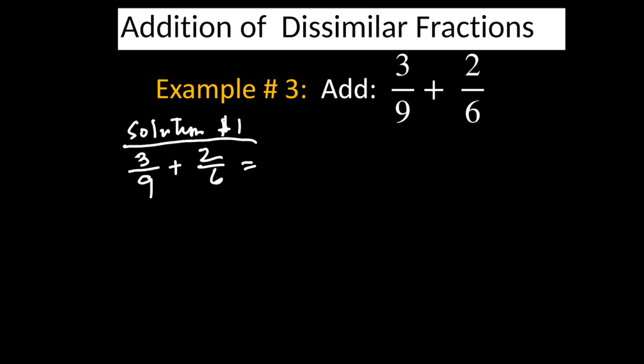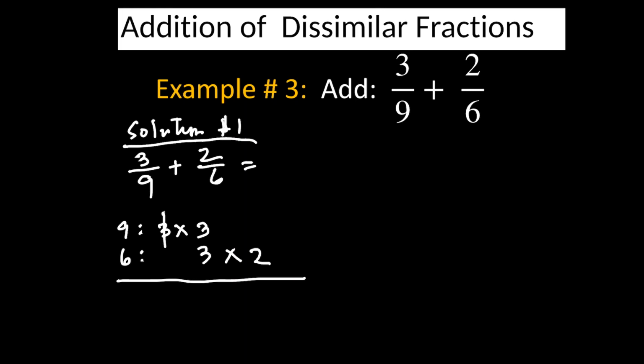This time I will not use the listing method, but I'm going to use the prime factorization. So let's have here 9, and we have here 6. What are the prime factors of 9? We have 3 times 3. How about for 6? We have 3 times 2, right? So all you have to do is bring down all the prime factors here.